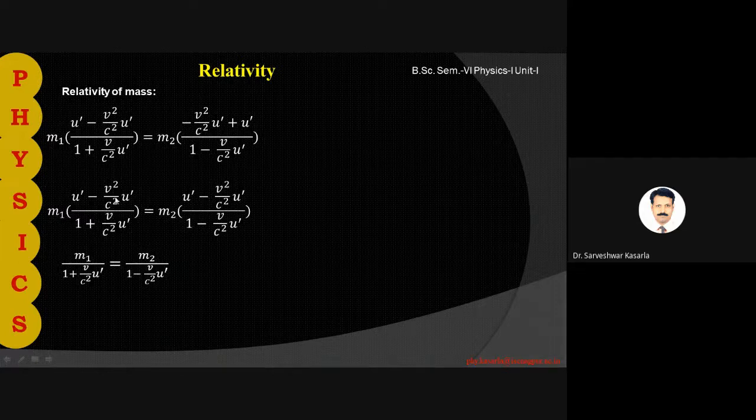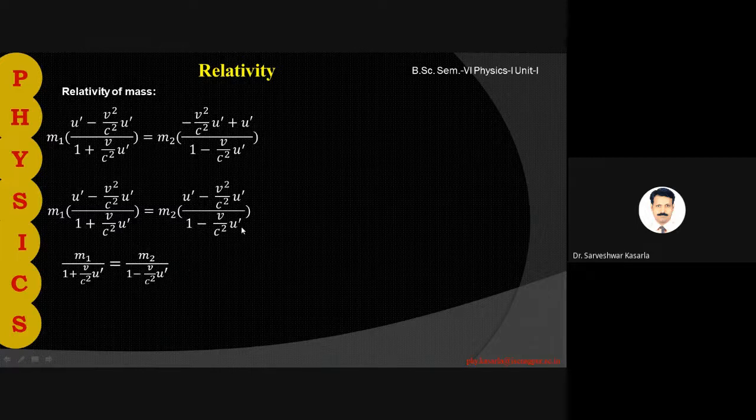Because the numerator is the same on both sides, it can be cancelled. So the expression becomes m1 upon 1 plus v upon c square into u dash as written here, and m2 upon 1 minus v upon c square into u dash.